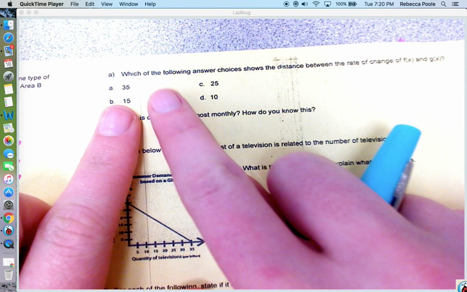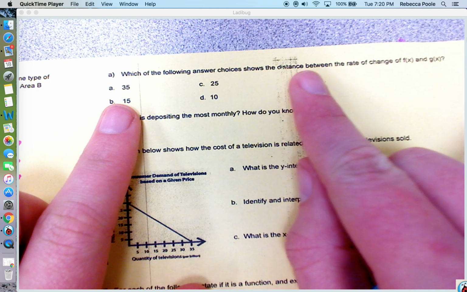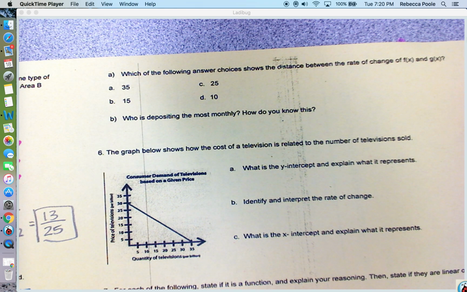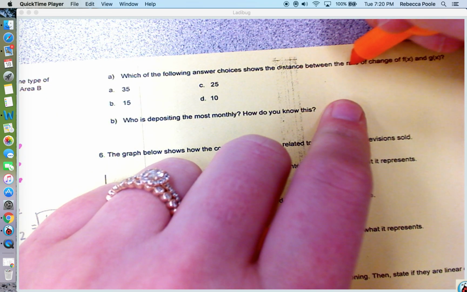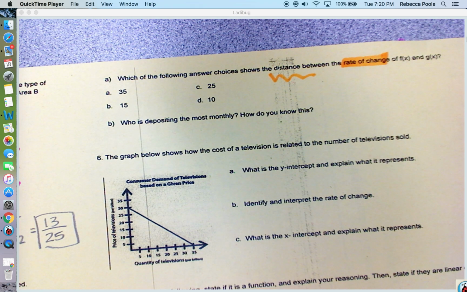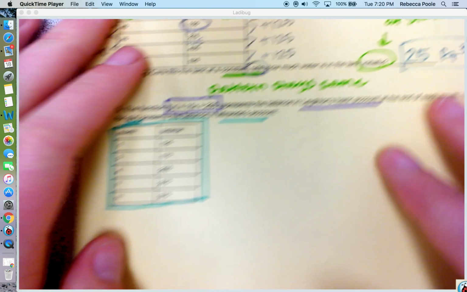So let's go read our questions first. Which of the following answer choices shows the distance between the rate of change? All right, so what are we trying to find? Rate of change, and then we're going to find the distance, right? So let's go back and look at our equation and our table.